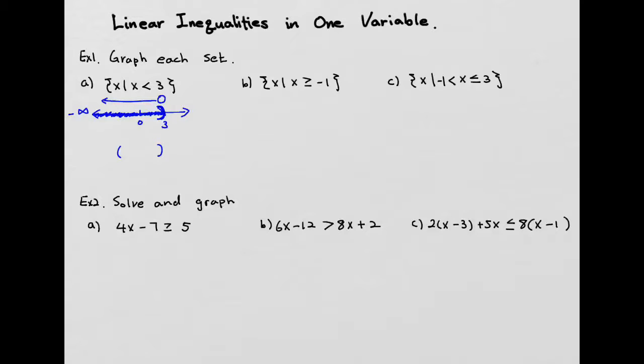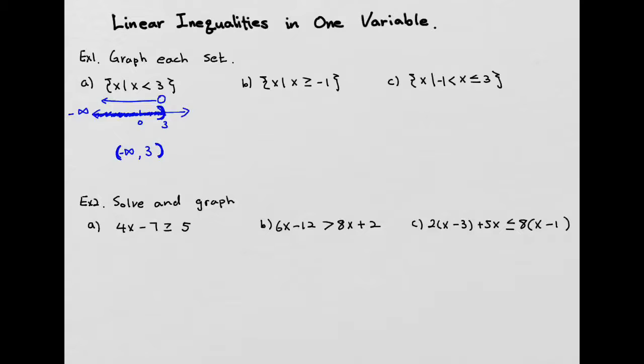Whenever you're including infinity, you're going to use the parenthesis also. So in interval notation, you copy down the number, starting with 3, from 3 to negative infinity. So this is the graph of the given set, and this is the interval notation.